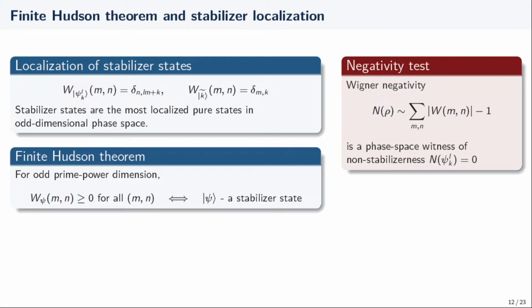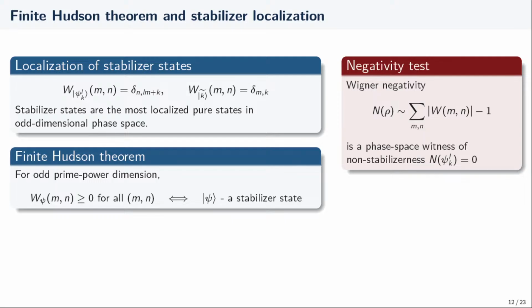There is an analog of Gaussian states in this discrete setting. These Gaussian states precisely are eigenstates of these commuting sets, the stabilizer states. The stabilizer states possess precisely the same property. The Wigner function of a stabilizer state is not only positive, it is a delta function in the phase space.